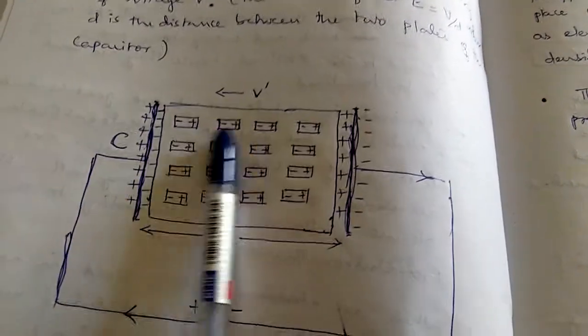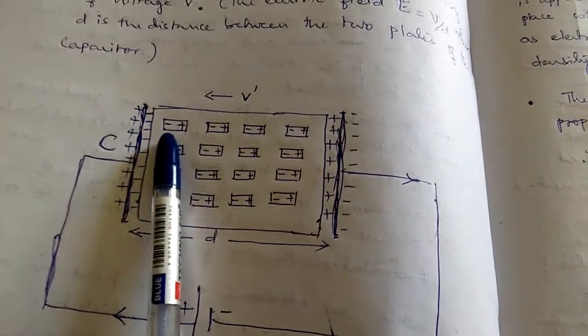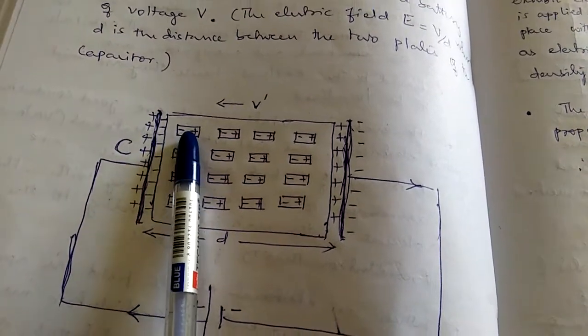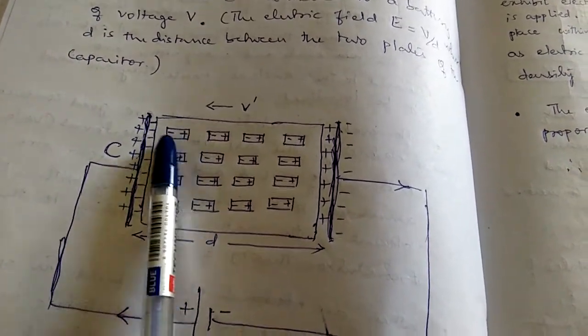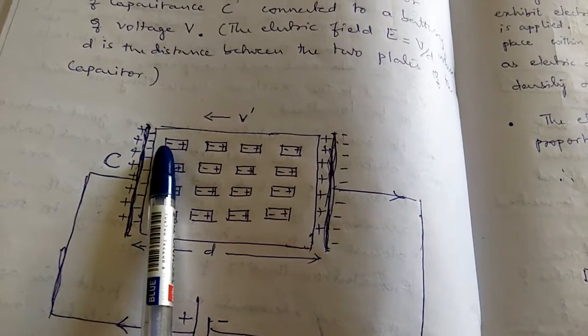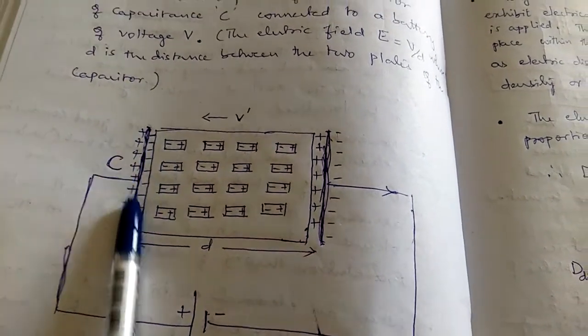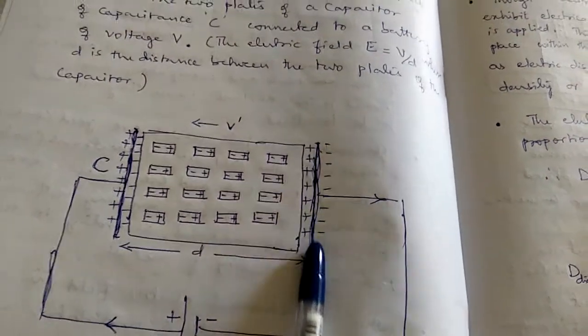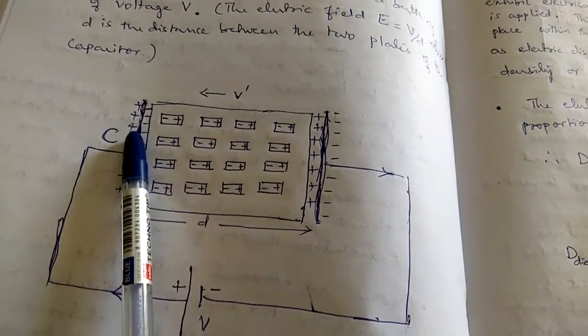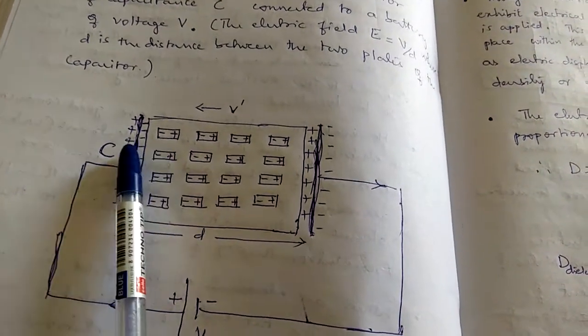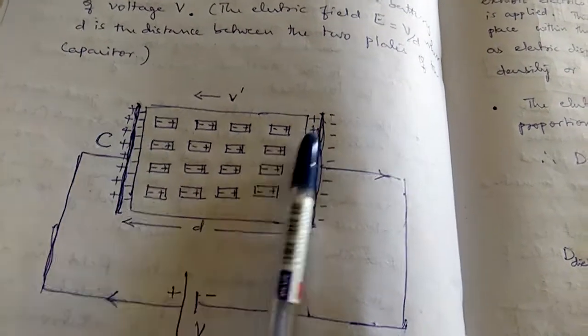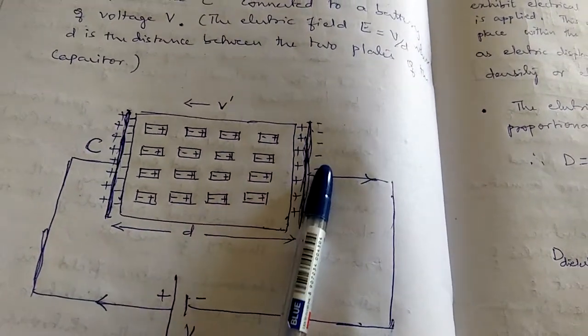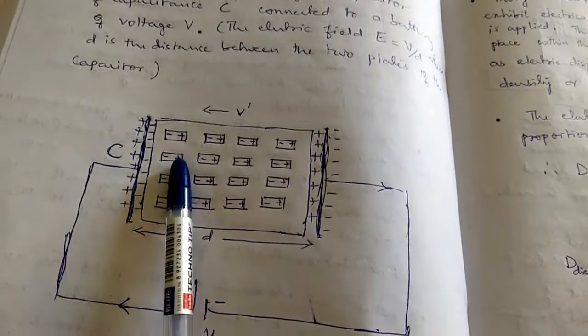If you consider each and every atom or molecule, negative charges and positive charges are separated. So negative charges come towards the positive terminal and positive charges go towards the negative terminal. That is, negative charges go towards the anode and positive charges go towards the cathode. Okay.